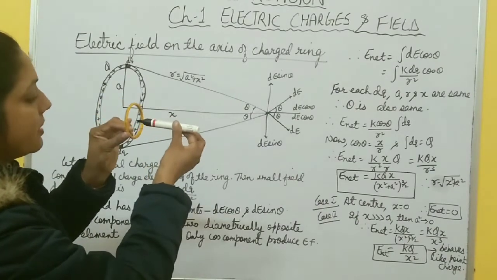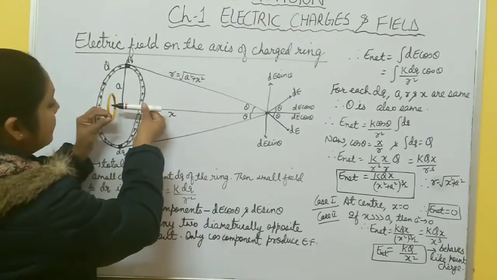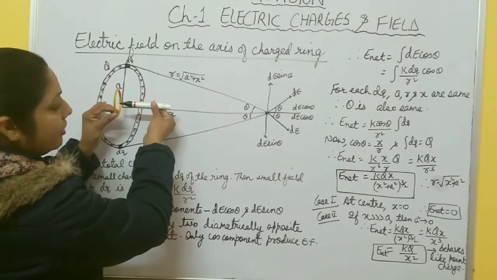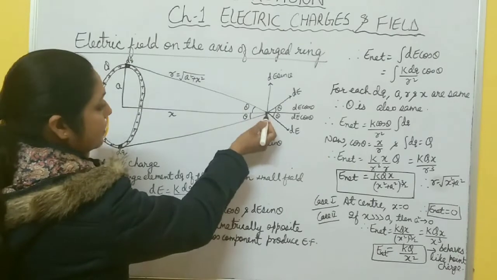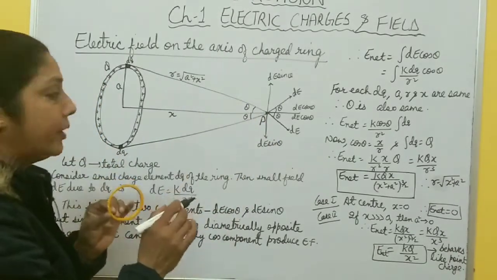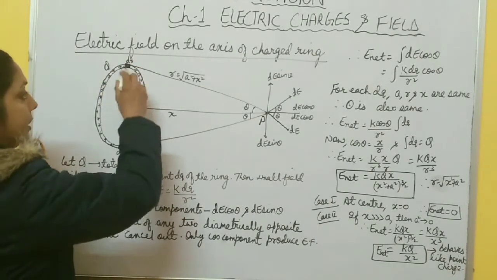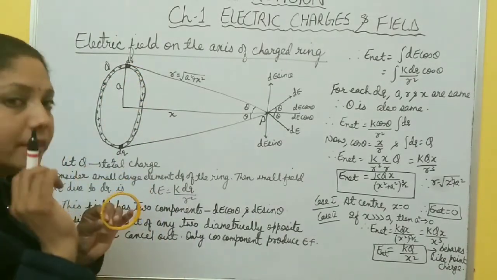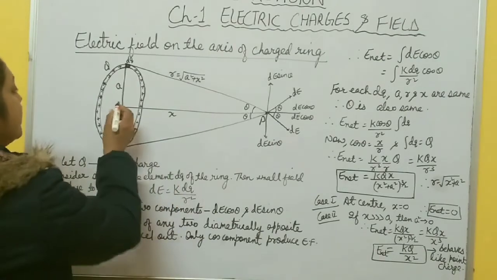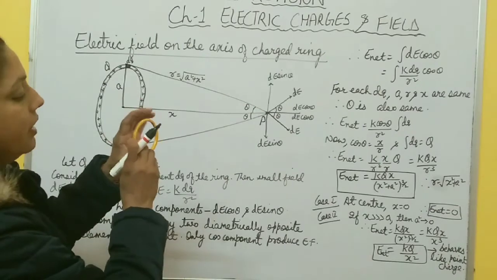Suppose this is the ring and this is the distance from the center of the ring to a point. Suppose this one is the point P. So you have to find electric field at this point P due to this charged ring. Over the ring, charge is uniformly distributed, right? Suppose A is the radius of the ring.